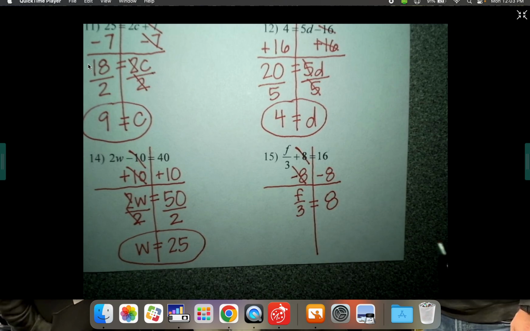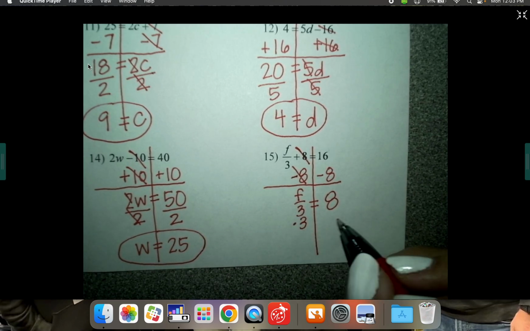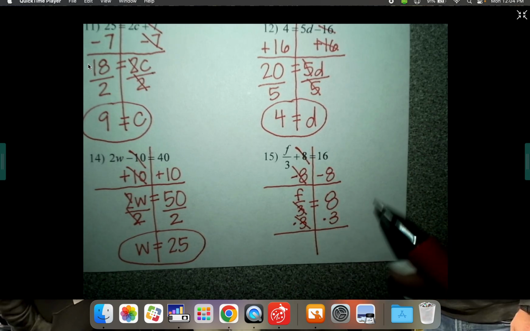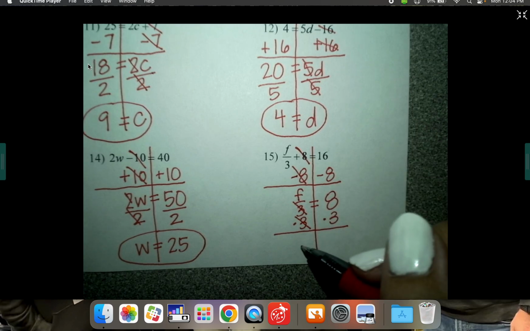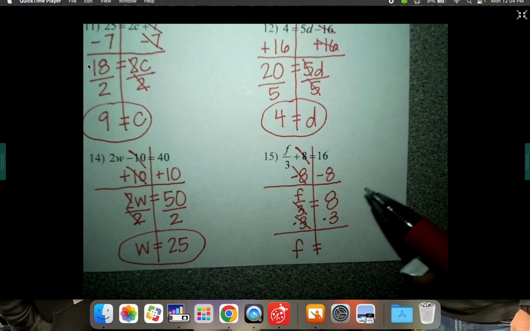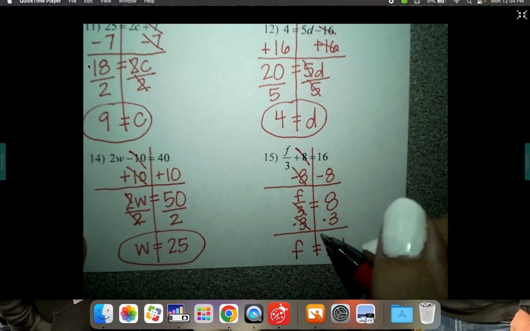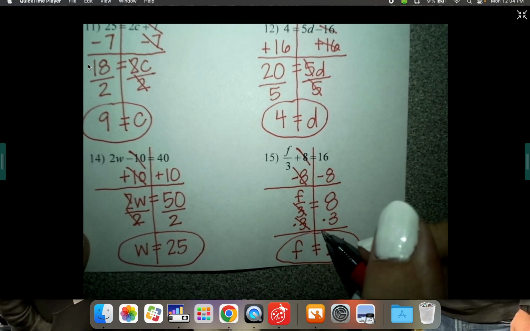So the opposite of that is to multiply by 3 on both sides. Now they can cancel out because divided by 3 and multiplied by 3 are opposites, leaving us with F by itself. 8 times 3 is 24. There you go.